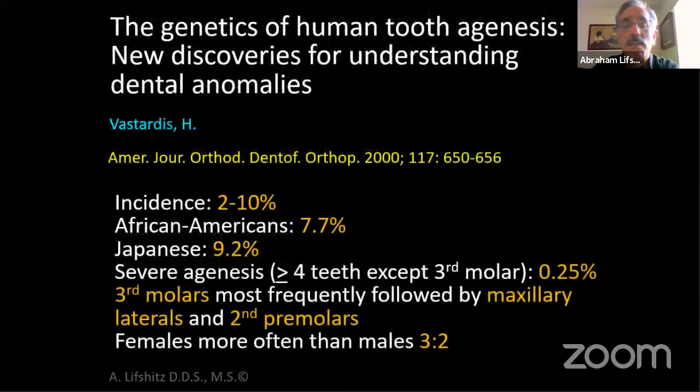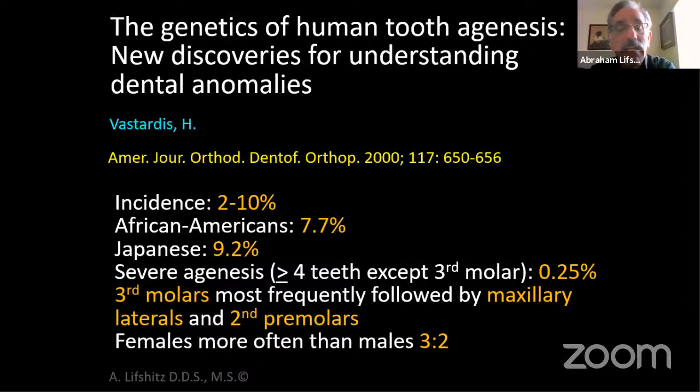Then, in 2000, Bastardis stated that the incidence in the general population ranged from 2 to 10%. And in African Americans, a prevalence of 7.7%.